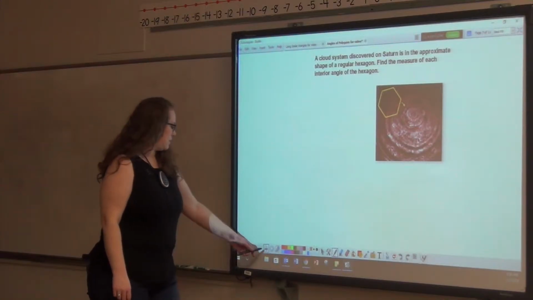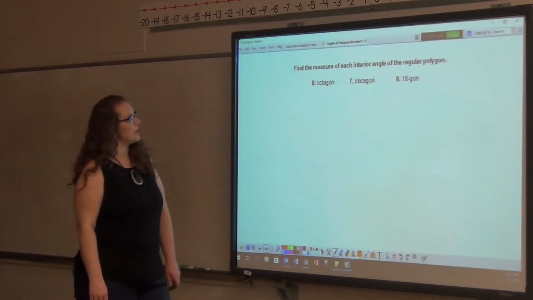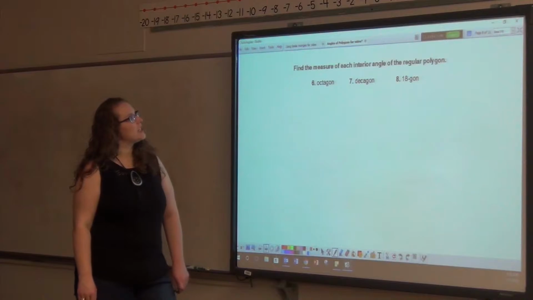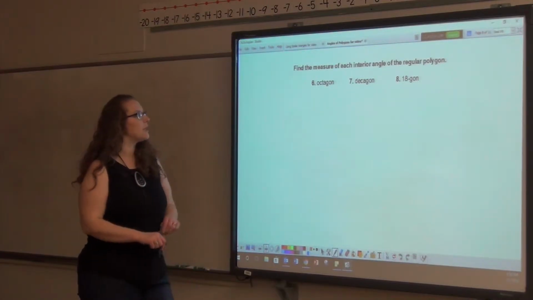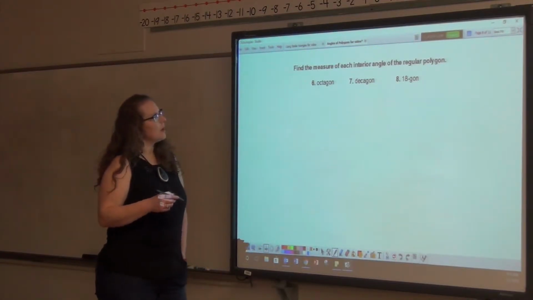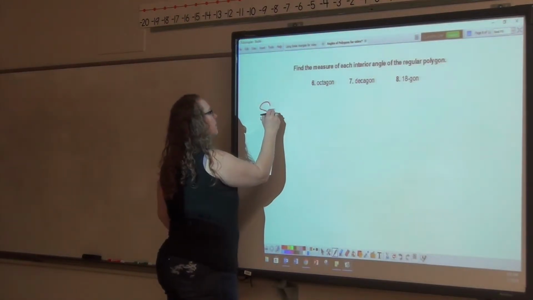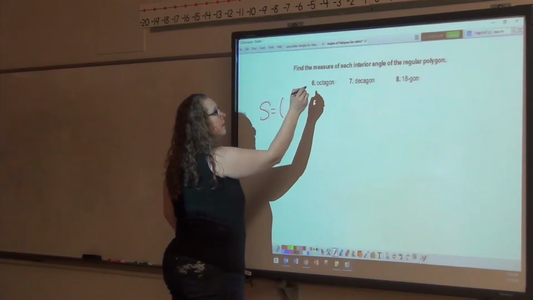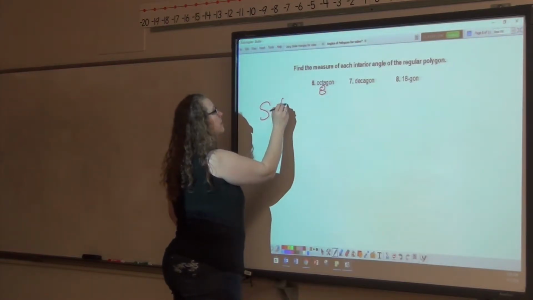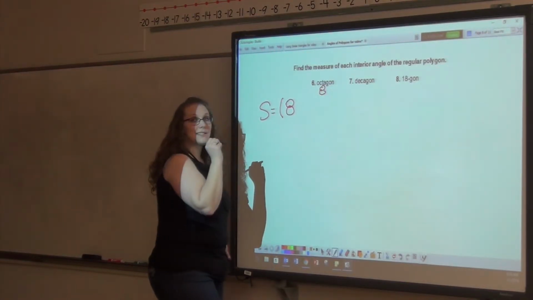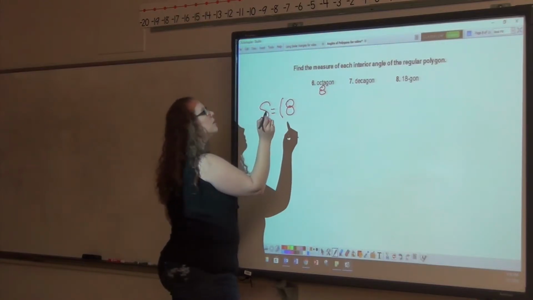All right, let's do these. Find the measure of each interior angle of a regular polygon. If they're regular, then all of their angles are equal. So if our formula is S equals n minus 2 times 180, an octagon has 8 sides, right? If it has 8 sides, it's going to have 8 angles.